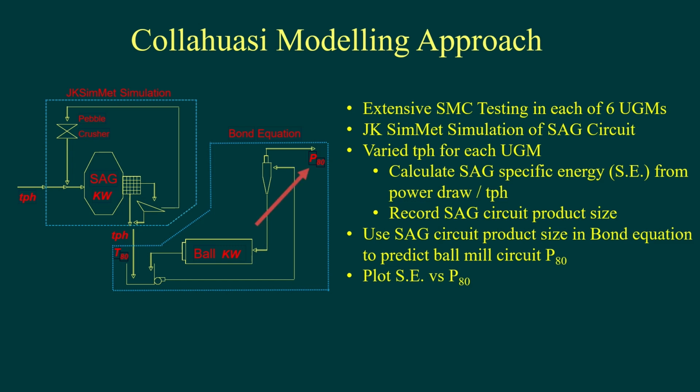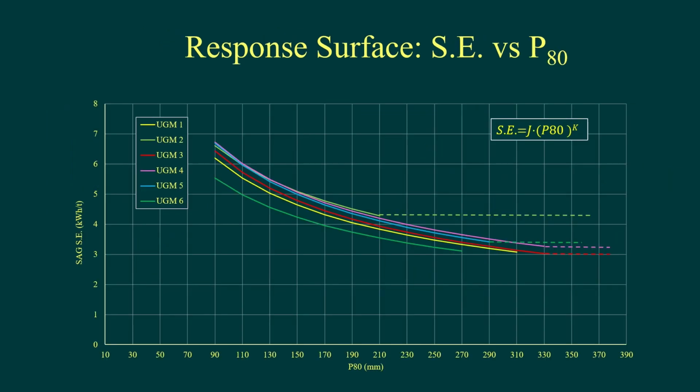So to recap, for every UGM they generate a whole series of relationships between tons per hour, the specific energy of the SAG mill, and the P80 coming out of the ball mill. And when they plotted all the data up, this is what it looked like. On the y-axis then we have the SAG mill specific energy.